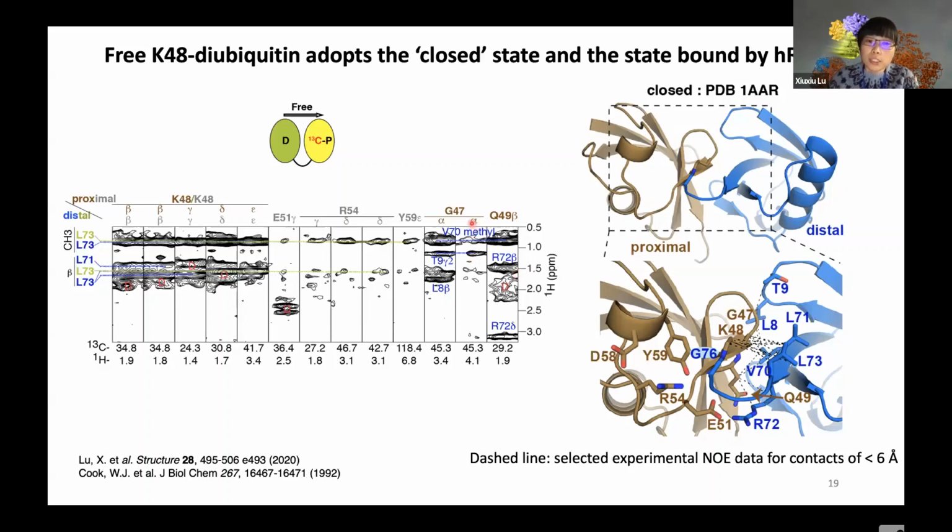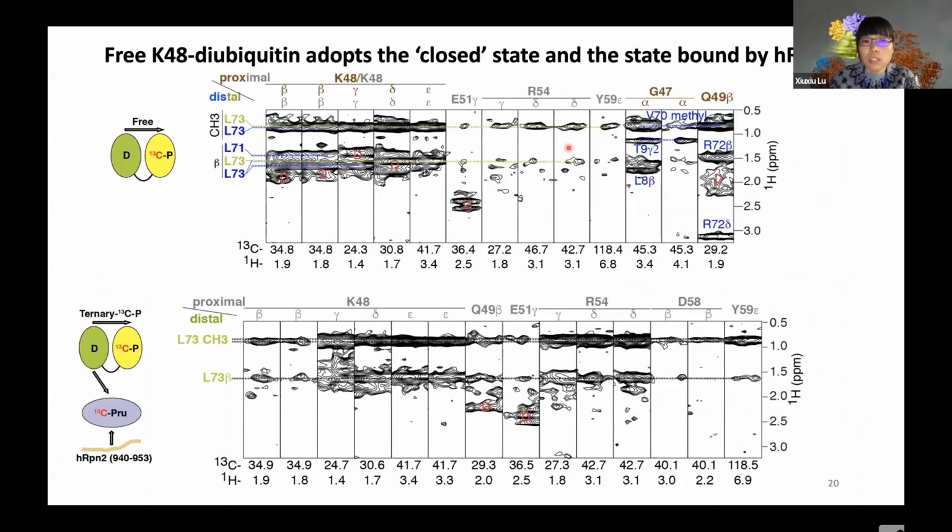In addition to this strong NOE dataset, a small population of NOEs was also observed. This NOE dataset matched the NOEs observed in the presence of RPN2-bound RPN13.